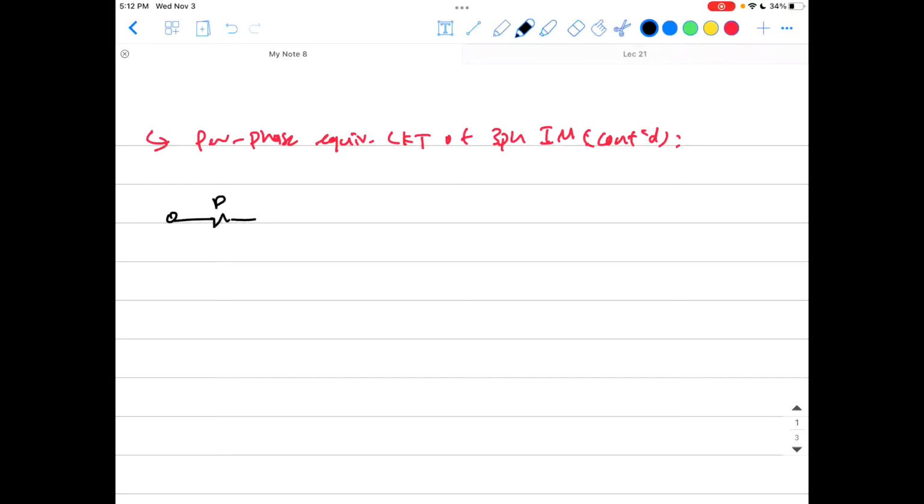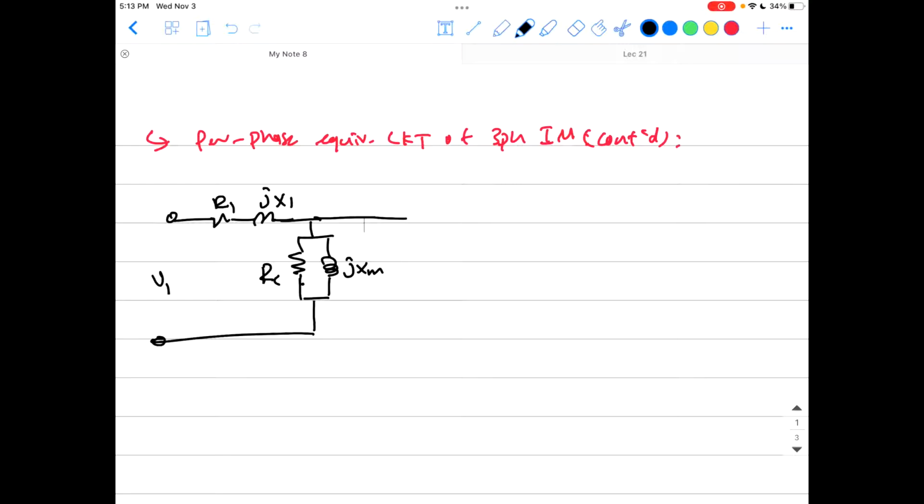Here the stator R1 and jX1, and here the shunt elements of the core, Rc and jXm, and that is V1, which is the voltage applied to the stator winding per phase. And here's the rotor representation. This is jX2 and this is R2 over s.